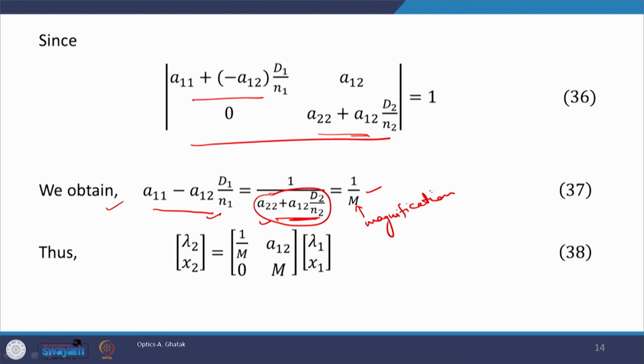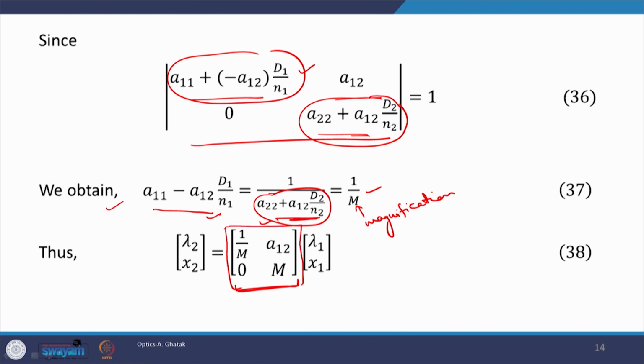It means the first term of the matrix is equal to the inverse of magnification, and the fourth term is equal to magnification, and therefore, the resultant form of the system matrix would be something like this. This is the final form of the resultant matrix. Conclusively, we started with a system matrix where there were so many unknown terms, a11, a12, a21, a22.